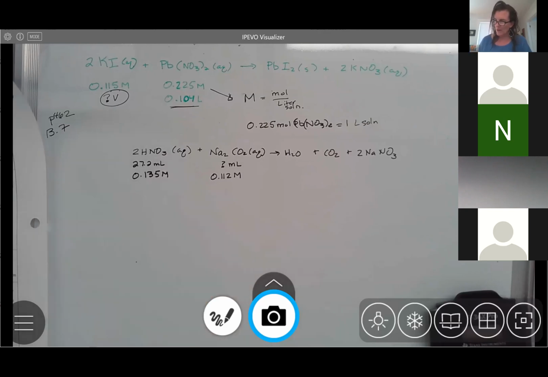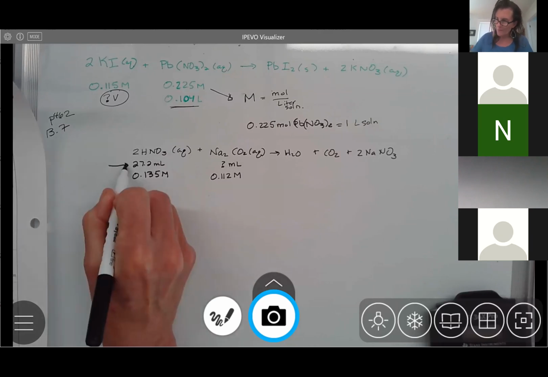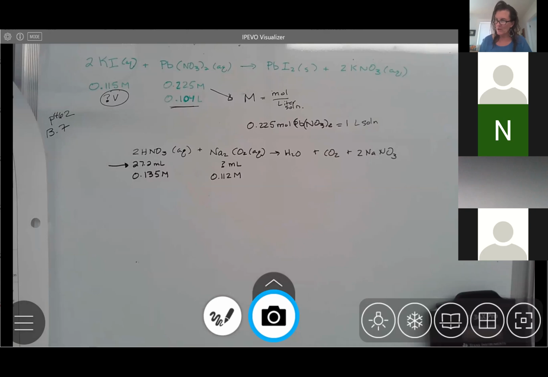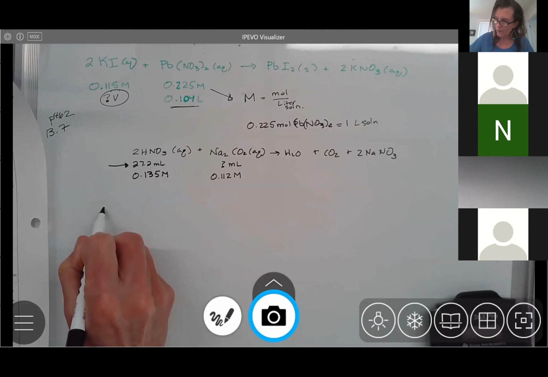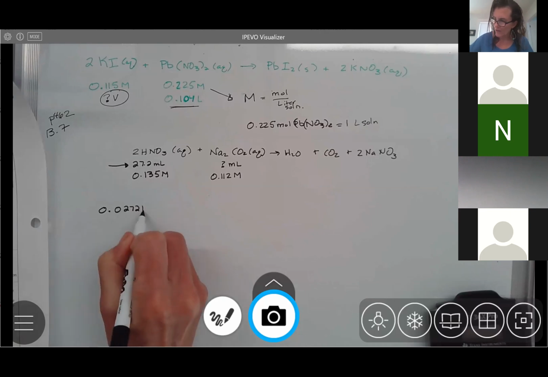Again, I'm going to start with what I have. I have 27.2 milliliters of nitric acid. That is 0.0272 liters of nitric acid.